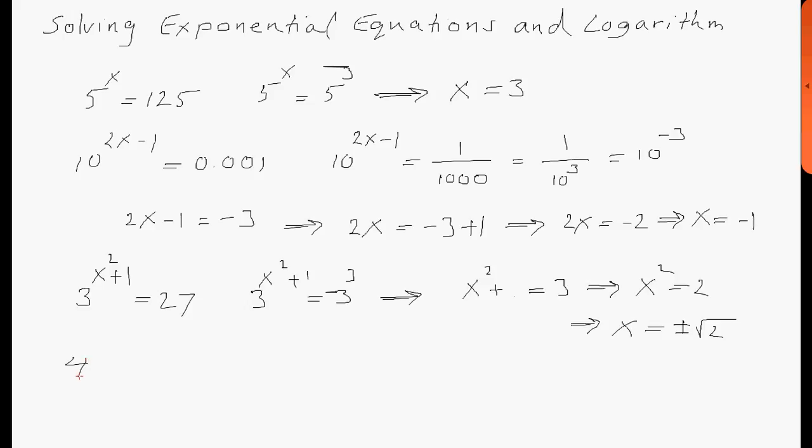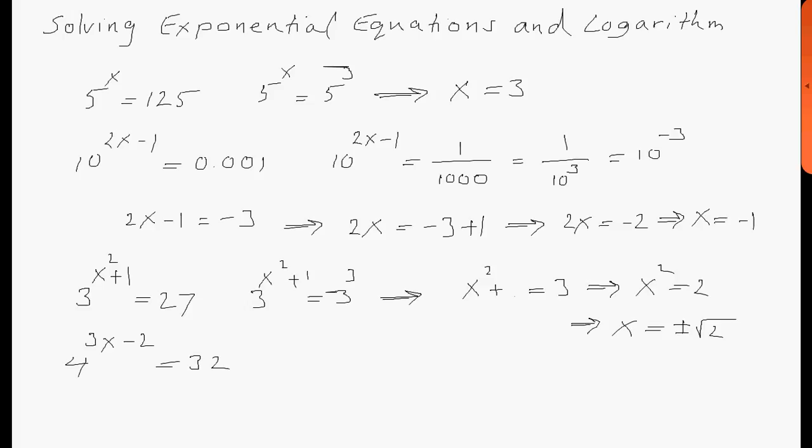4 to the power of 3x minus 2 equals 32. For this one, you will have to change the base on both sides.